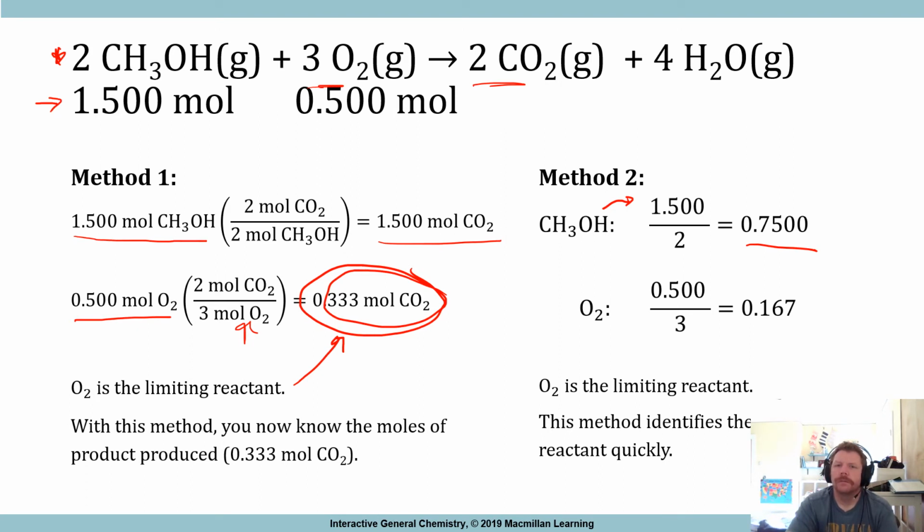Okay, option 2, you take the number of moles of O2 and divide that by the number of moles in the balanced chemical reaction, and you figure out that is 0.167. And again, you are looking for the lower of the two quantities, and you see, oh okay, well, this is 0.5 to 3, it's 0.167. Again, you're identifying O2 as your limiting reactant. Okay, so these are two different methods, but they come to the same conclusion.